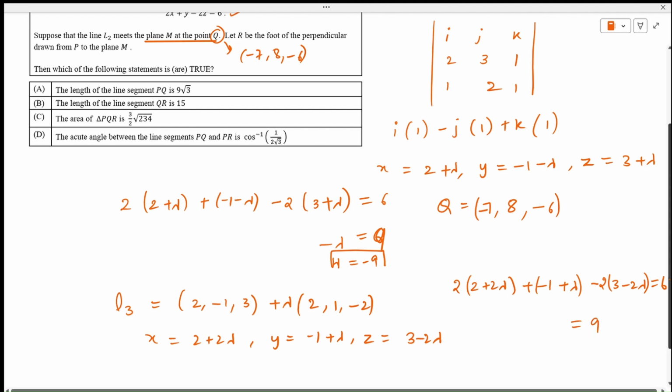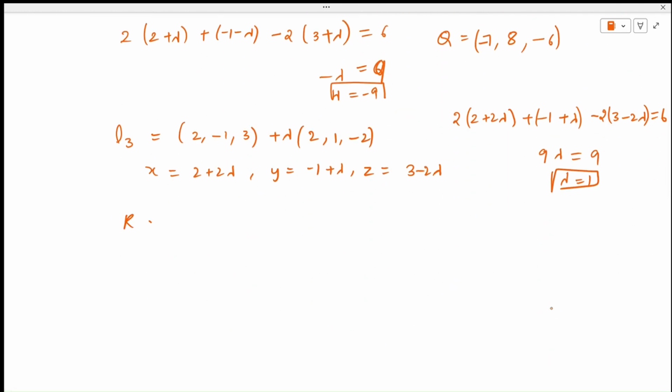And 4 lambda plus lambda, 5 lambda, plus 4 lambda, 9 lambda. So here lambda equals 1. So R is equal to 2 plus 2, 4, minus 1 plus 1 is 0, 3 minus 2 is 1. So R is 4, 0, 1, and we know Q is equal to minus 7, 8 and minus 6, and P is equal to 2, minus 1 and 3.